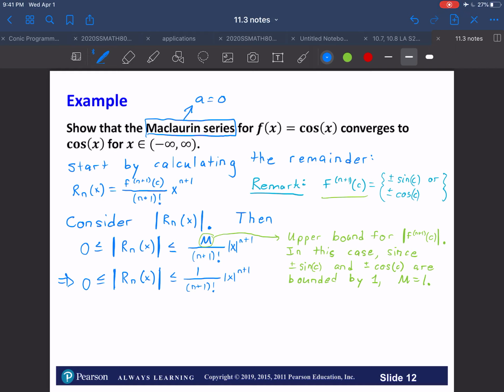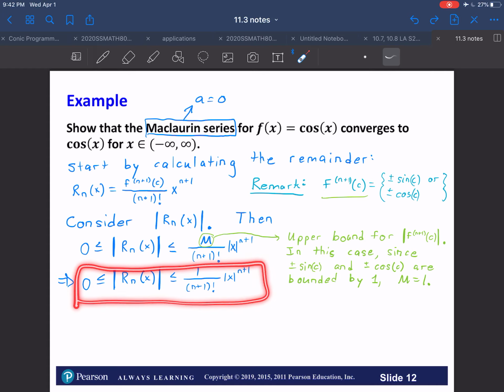Okay, so what next? Well, we need to compute the limit of R_n(x). So let's consider doing that. What I've essentially established with this chain of inequalities is something where we can use the Squeeze Theorem.